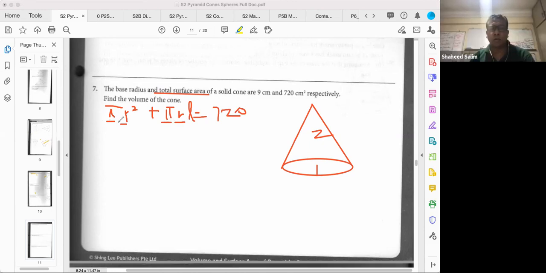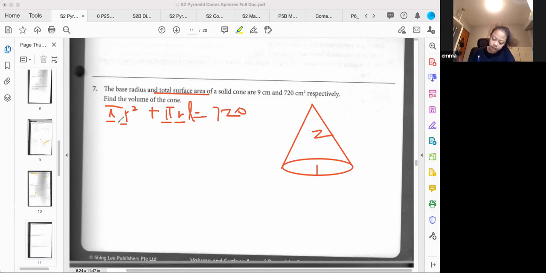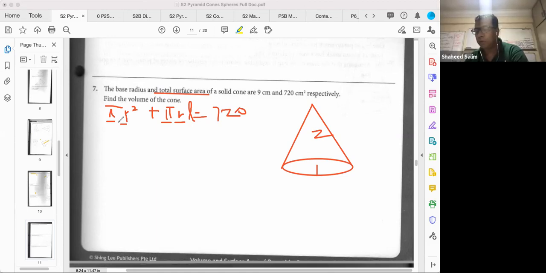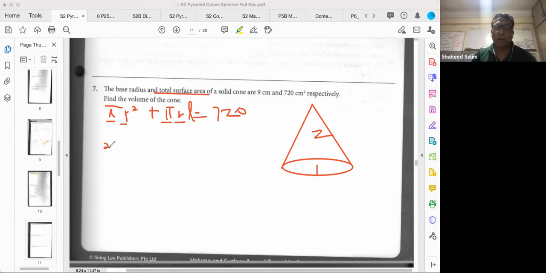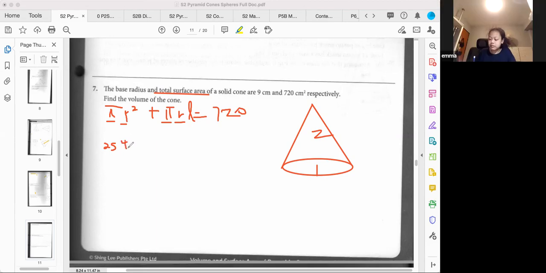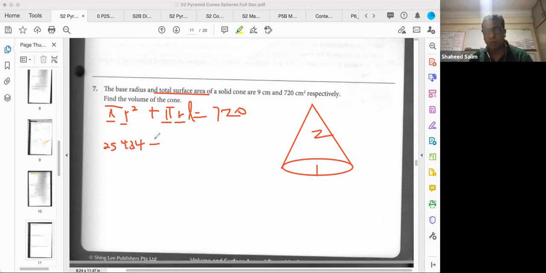So down here, you can find pi r squared. Let's say we take 3.14 times 9 times 9. We get 254.34. Mine might not be so accurate, but I'm just taking 3.14. Down here, we take 3.14 times 9.